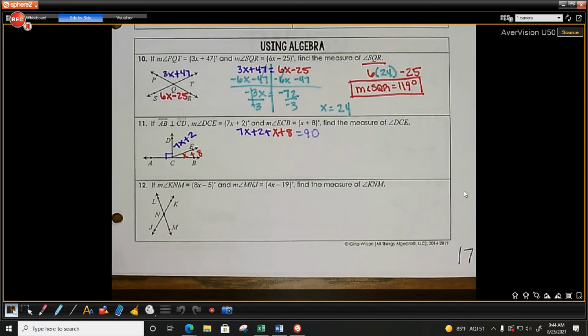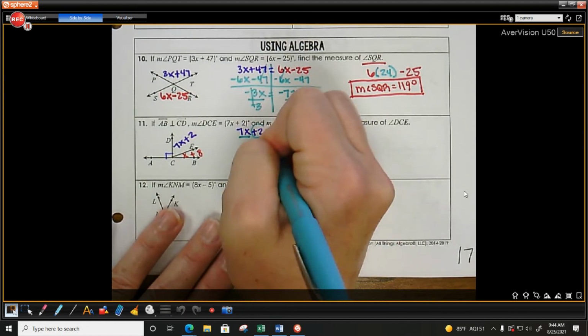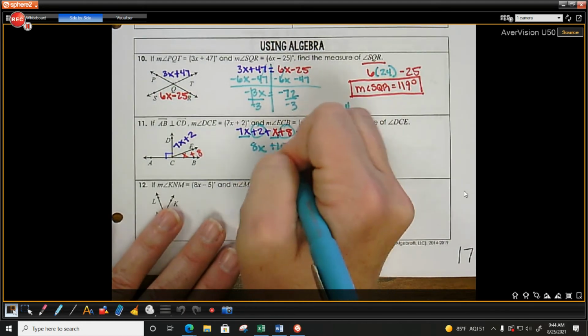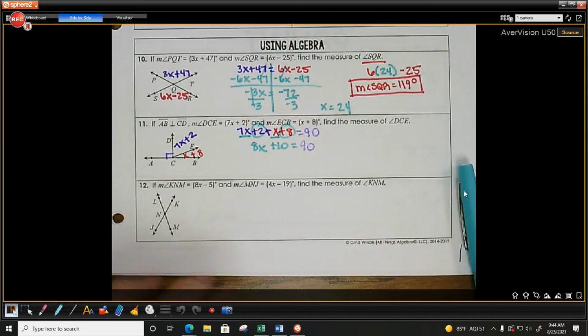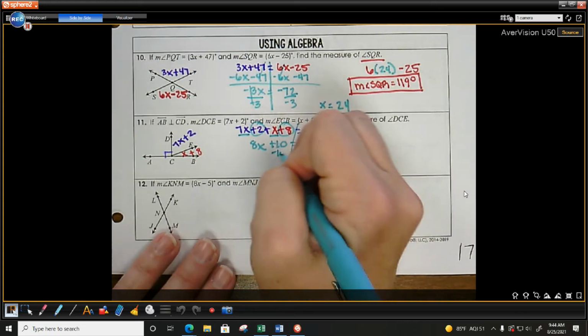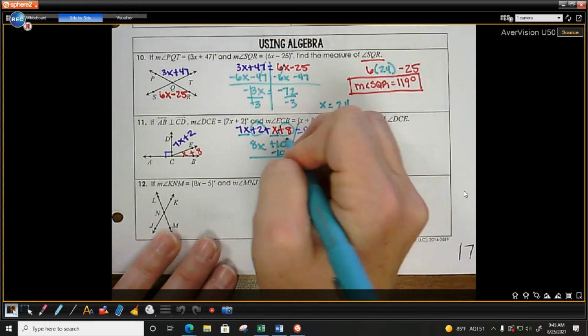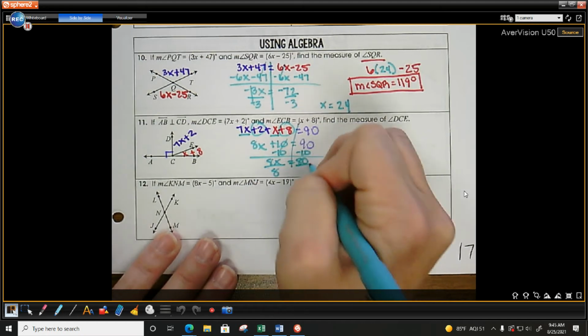So then I have 7x and x is 8x, 2 and 8 is 10, equals 90. So subtract your 10, and we get 8x equals 80, then divide by 8, and we get x equals 10.